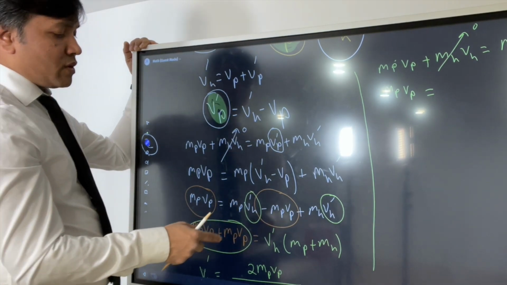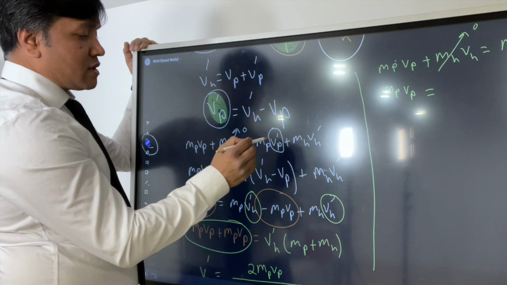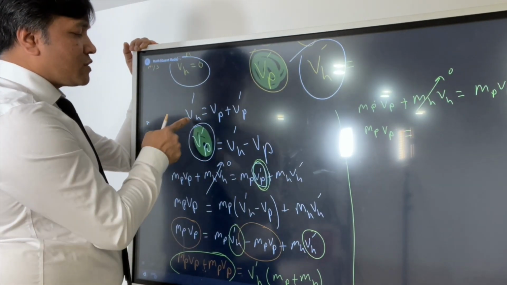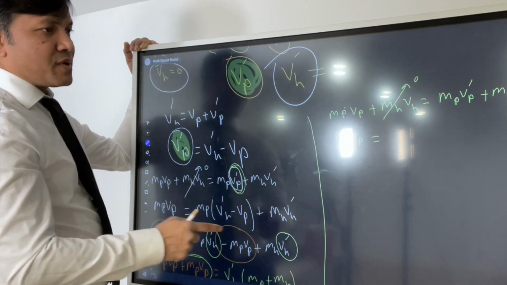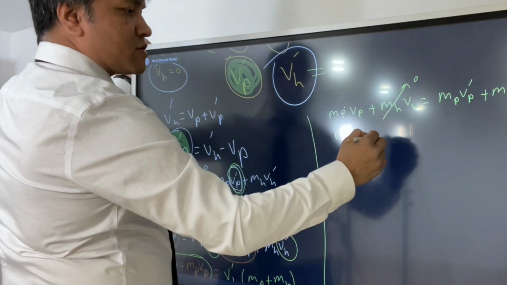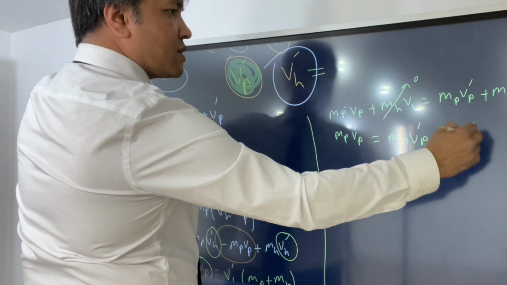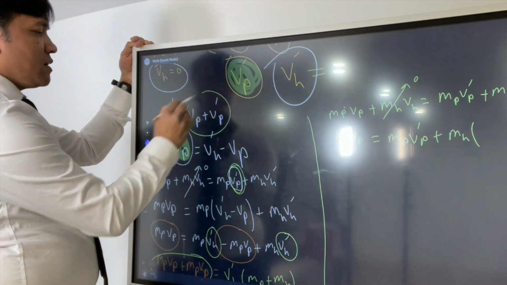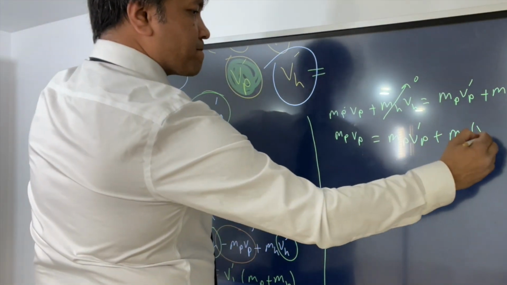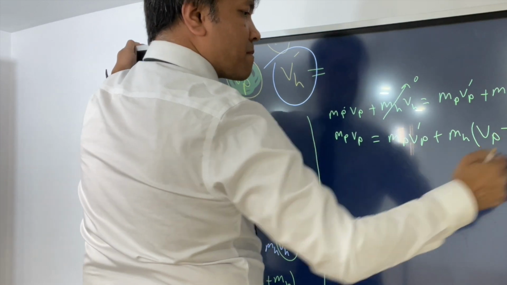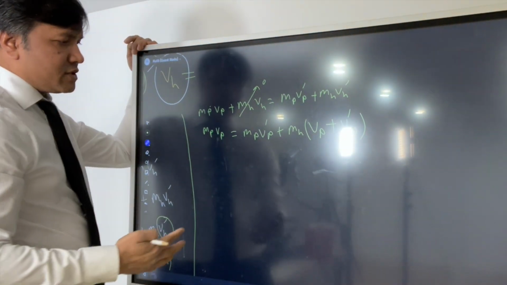Last time I did V prime P, now I'm going to do V prime H. So MP V prime P plus MH times V prime H, which is this one, VP plus V prime P.